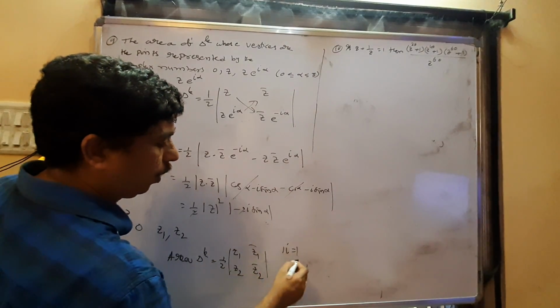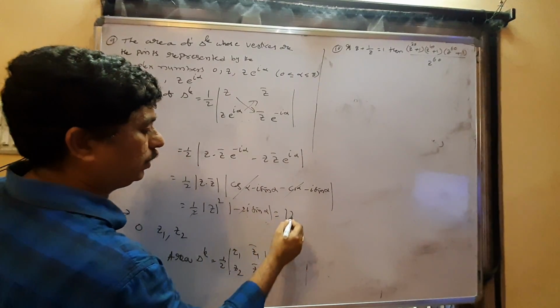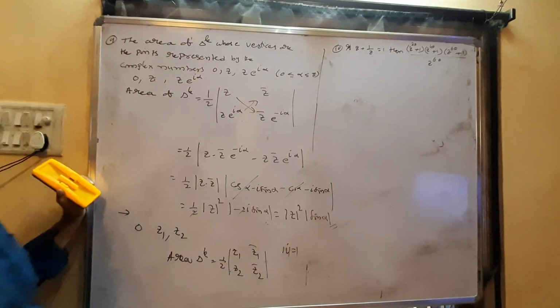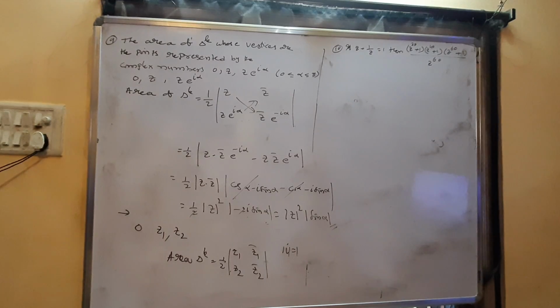So the answer is |z|² times |sin α|. Coming to the next problem.